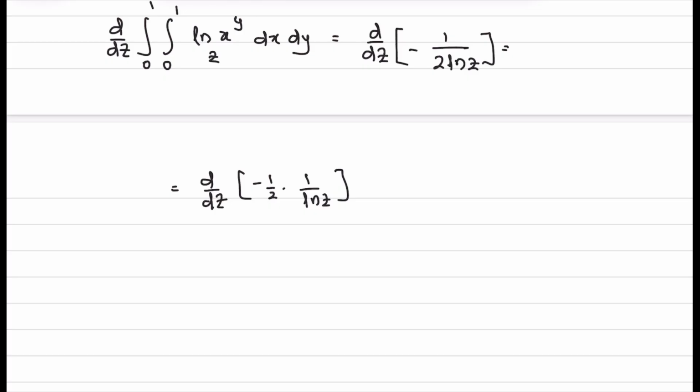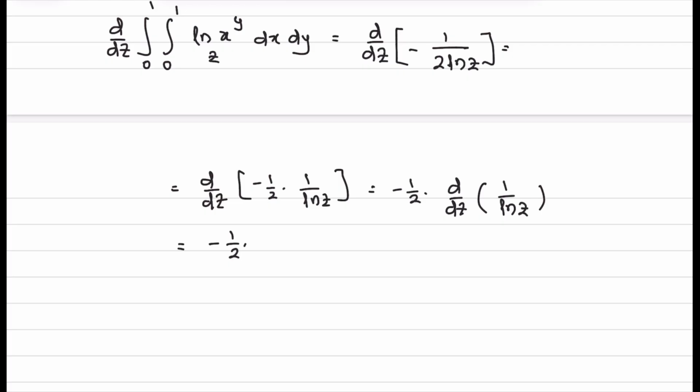Just check up, find out. This is equal to minus 1 by 2 into d by dz of 1 by ln z. D by dz of ln z is 1 by z.